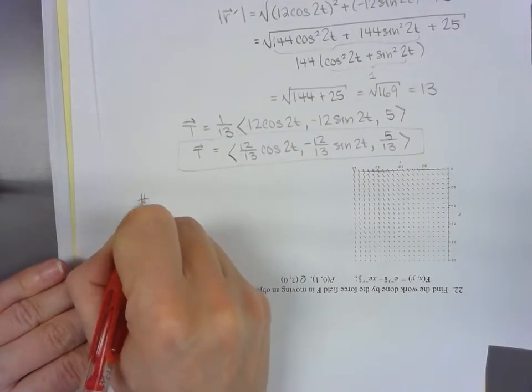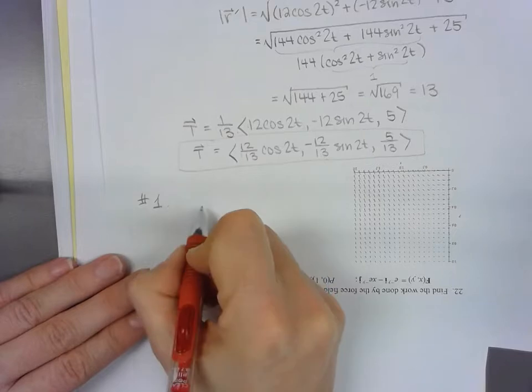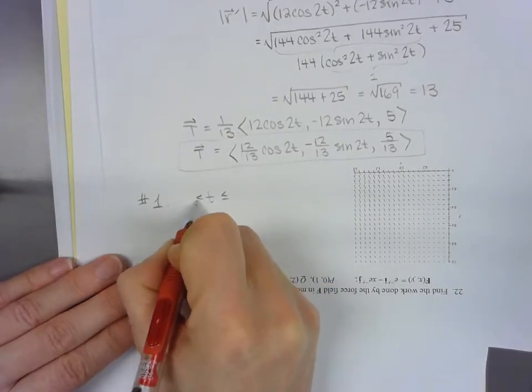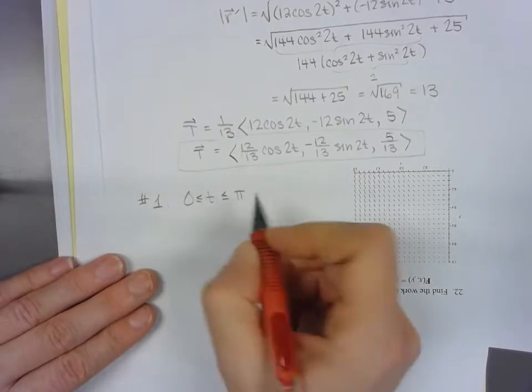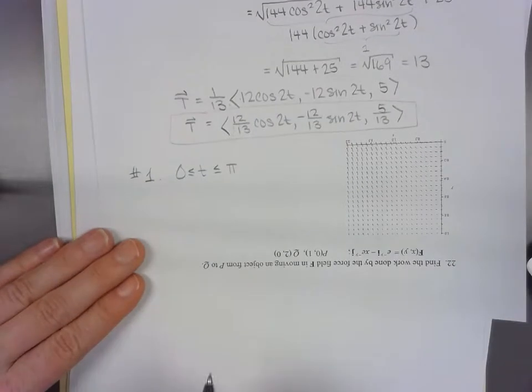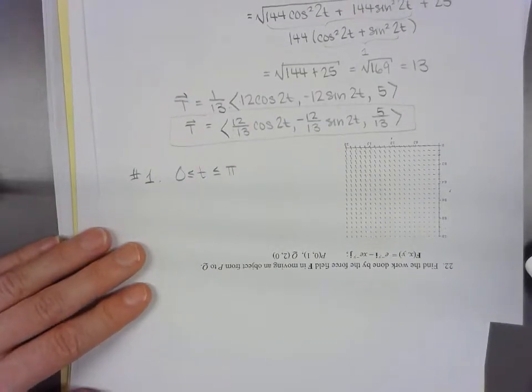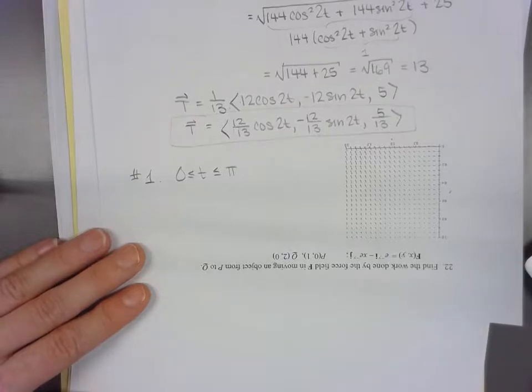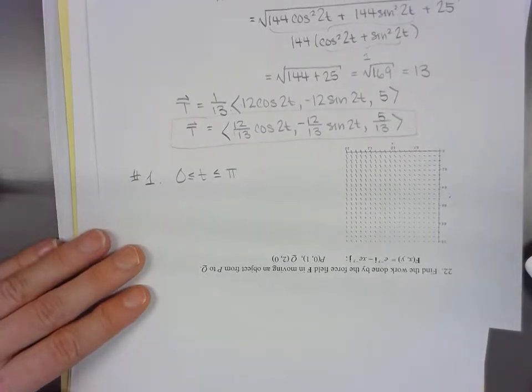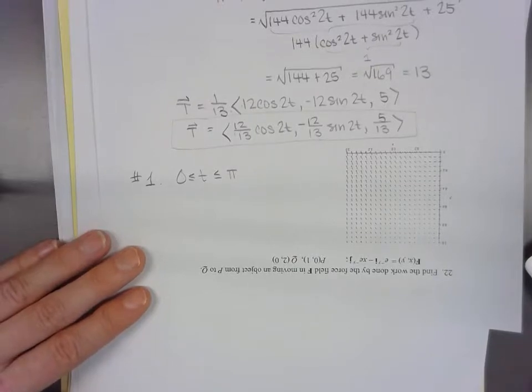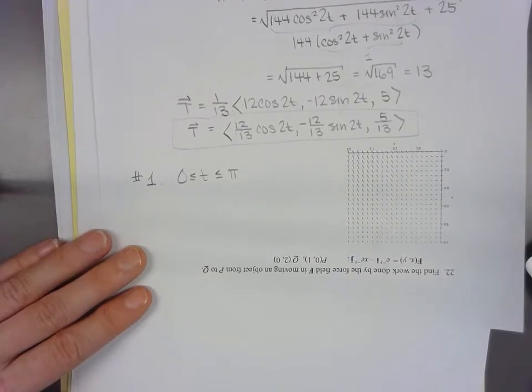For number 1, it said find the length where t goes from 0 to pi. So the formula, I think, is on the formula sheet, right there. You need to know that that's the arc length formula. And remember, x is the first component of the vector, y is the second, z is the third.